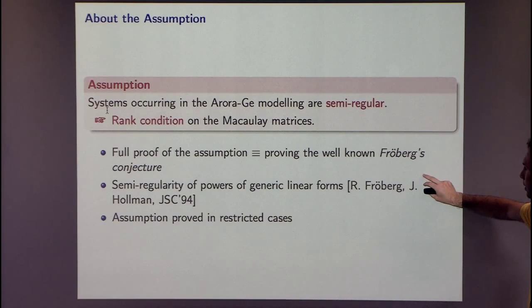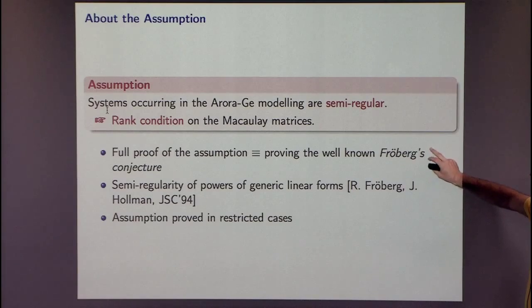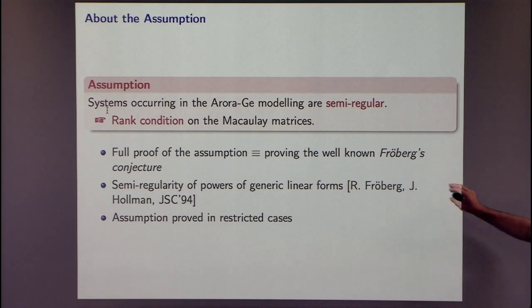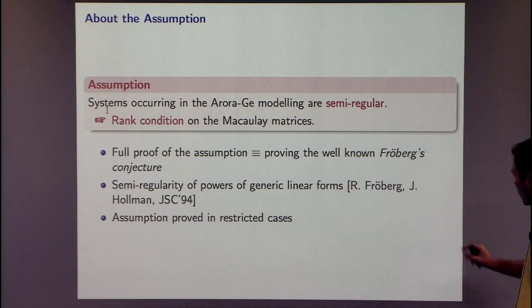Here, I'm actually considering something slightly different. I'm trying to prove the assumption not for a random system of equations, but for something which has some structure. The equations that I'm considering are powers of linear forms. So it's not something completely random.